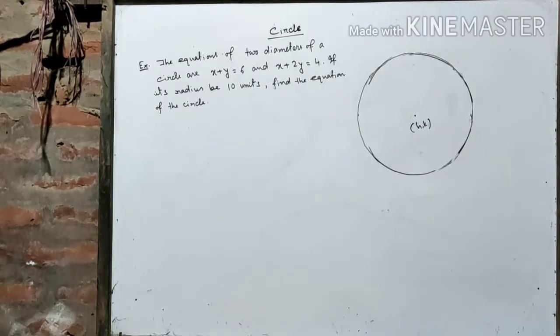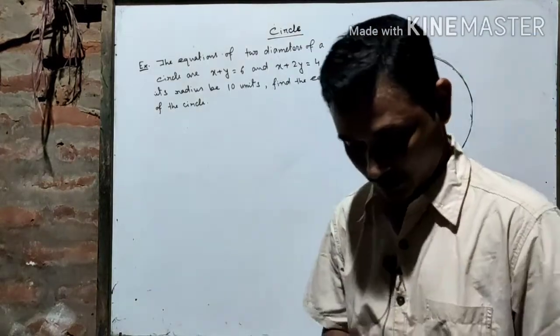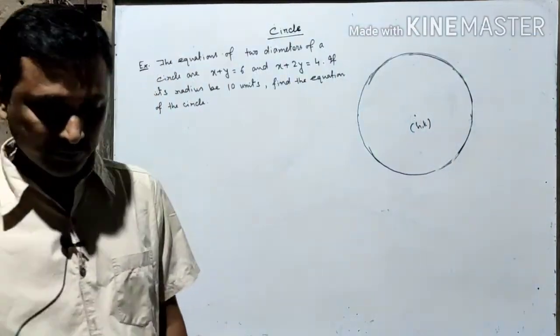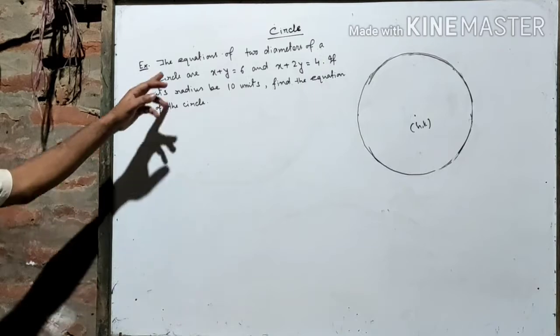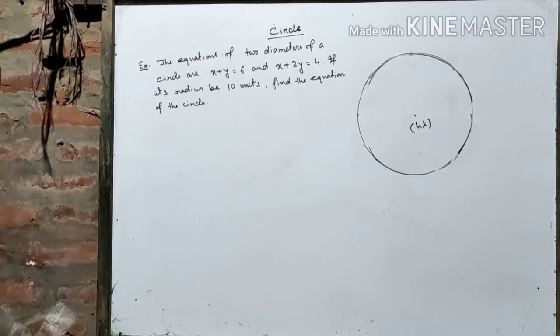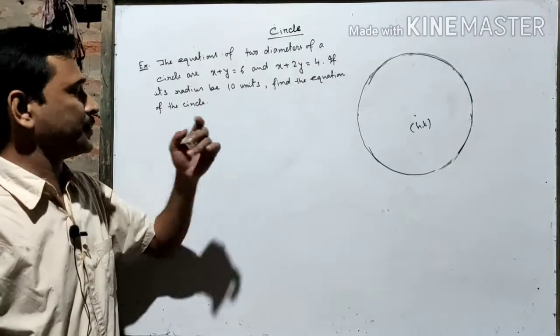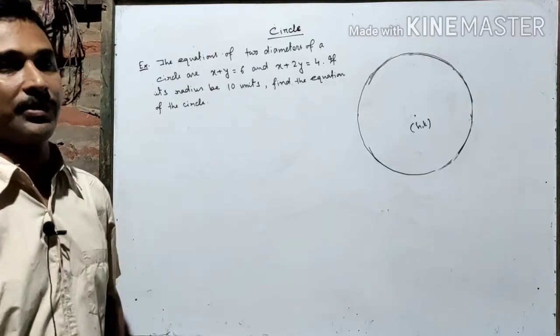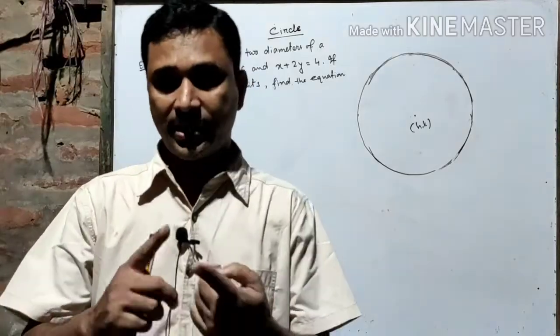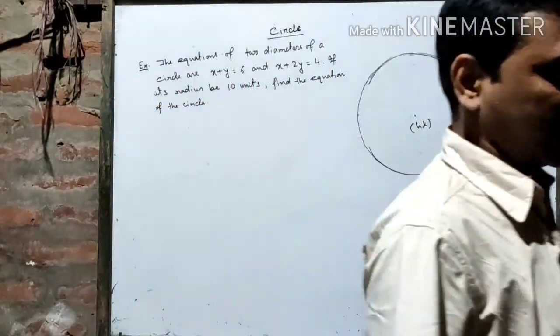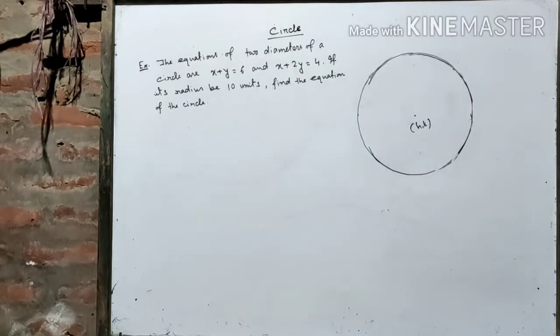So next question is, the equations of two diameters of a circle are x plus y equal to 6 and x plus twice y is equal to 4. If its radius be 10 units, find the equation of the circle. Now, what is the relation between diameters and center?